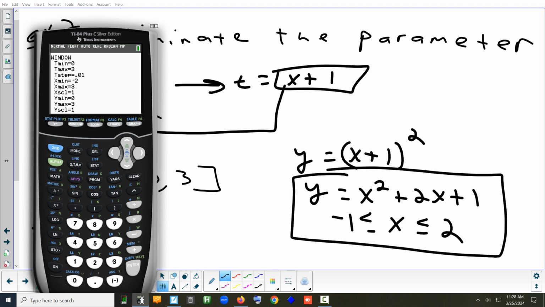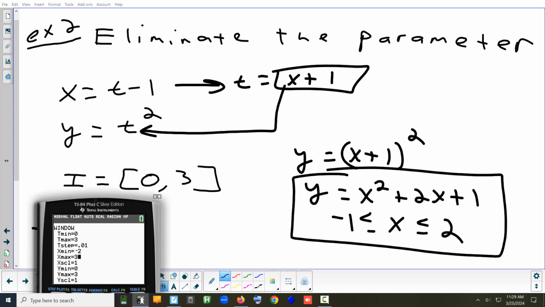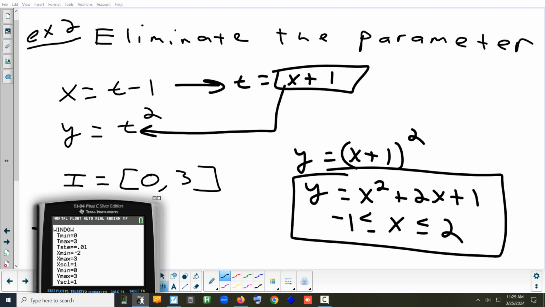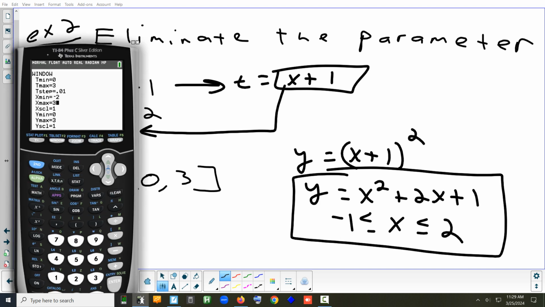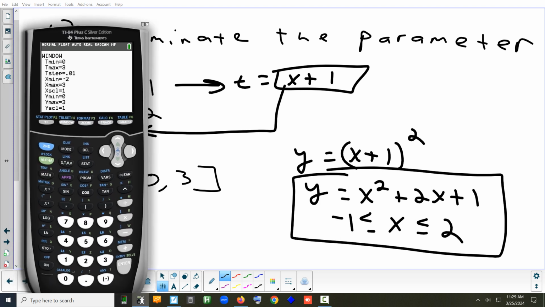Going 0 to 3, counting by 0.01, that's not bad. That's going to be 301 points. That's well within the calculator's ability, it's doable for a couple seconds. Now the y value, we got 0, 3 squared is 9. So I think -1 to 10 should cover us on the y.